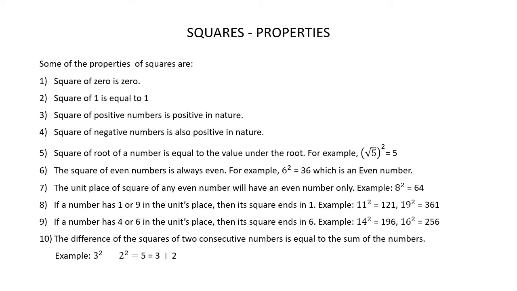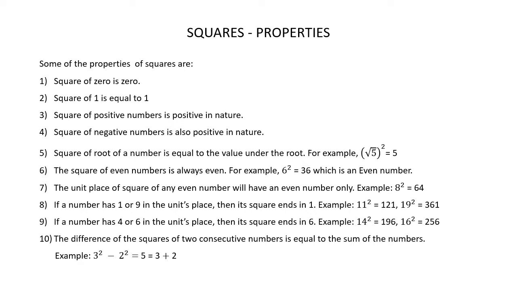Let's learn about some of the properties of squares. Square of 0 is 0. This means 0 squared is equal to 0. Square of 1 is equal to 1. This means 1 squared is equal to 1. Square of positive numbers is positive in nature.